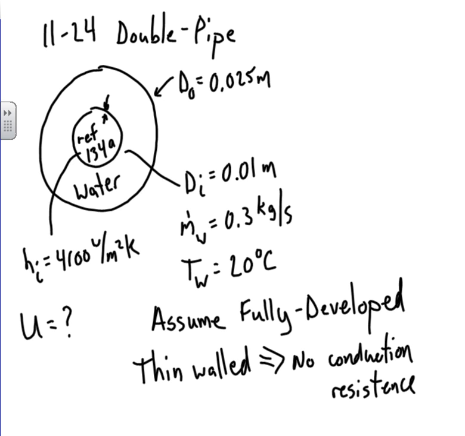Okay? And also that wall thickness is so thin, that also lets us know that the surface area on the inside is also equal to the surface area on the outside. Okay?